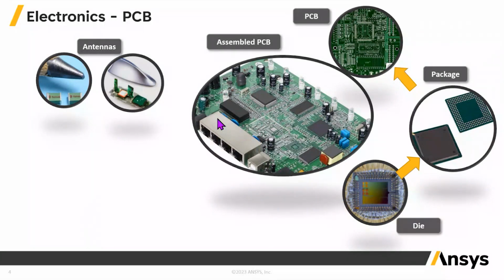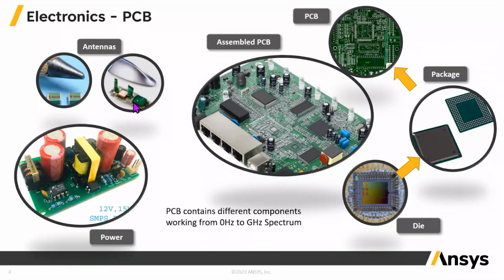And sometimes you need wireless connectivity, so you need antennas on top of it. Moreover, this PCB has to work with DC, where we have a general purpose AC, either 110 or 230 volt AC. This particular power section will convert the AC into DC, and that is going to power up all the IC components or all the components in the PCB. This is what a general PCB will look like.